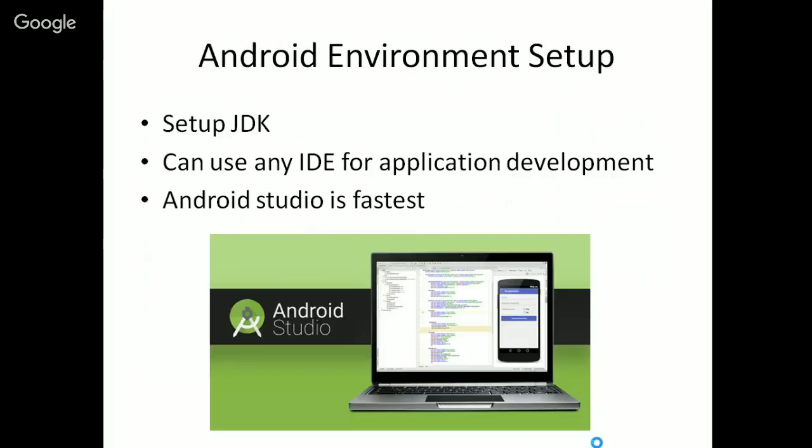Setting up Android, as I mentioned just earlier, we need to install the software development kit, and before doing that, we need to have the Java Development Kit, which I said should be at least the fifth version. We can use any IDE to develop Android applications, but Android Studio is one of the fastest.